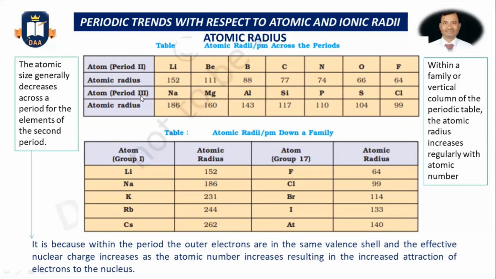Similarly for period number 3, here are sodium, magnesium, aluminum, silicon, phosphorus, sulfur, and chlorine. The atomic radius for sodium, on the extreme left side, group number 1, is 186, and it gradually decreases, and finally on the extreme right side, the halogen atom chlorine is 99. All are in picometer.